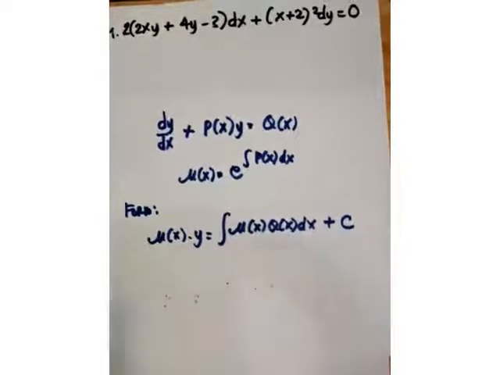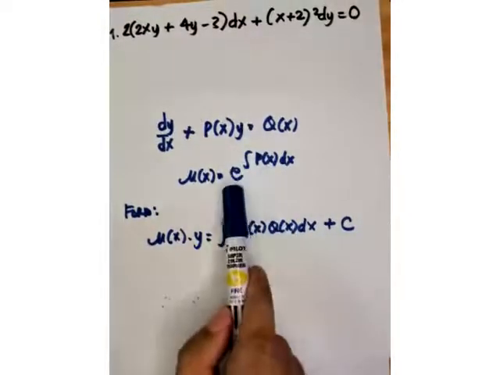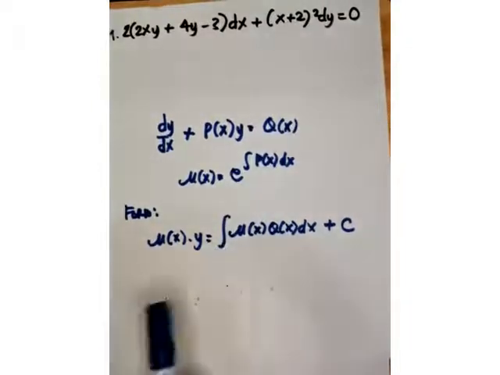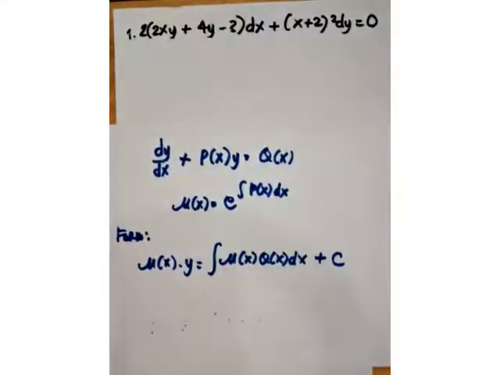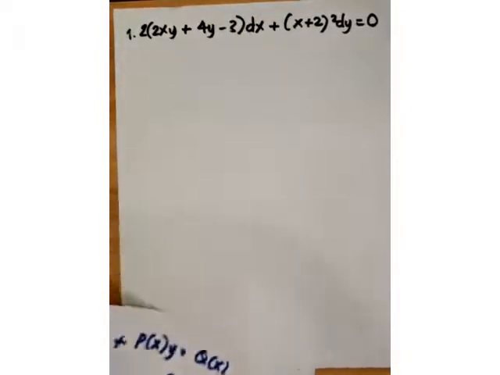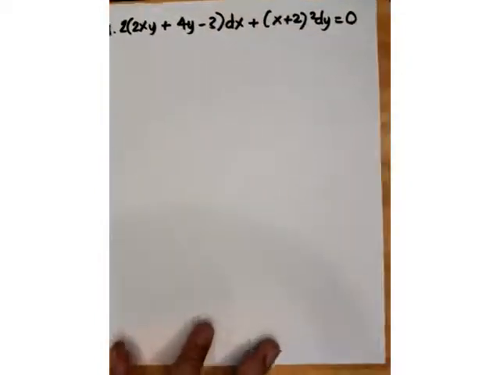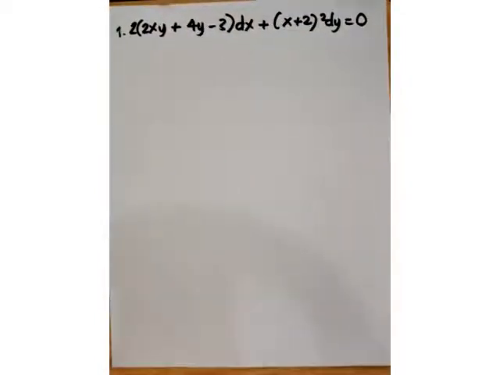Yun lang yung steps. Transform, get integrating factor, and apply the formula, then integrate. Okay? So that is how we solve linear equation. Ang pinakamahirap lang dito una ay i-transform mo siya sa standard form at saka yung pag-integrate. Pero syempre, tapos na rin kayo naman doon. So okay naman yun.